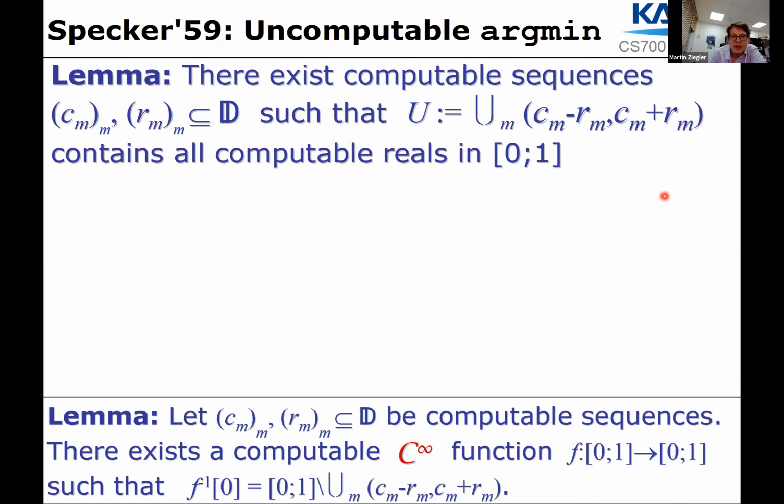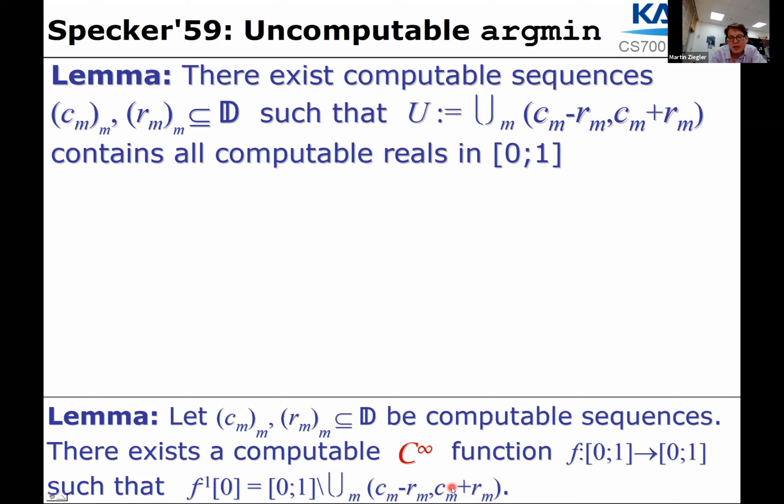And now observe that then by the very construction, this computable function must have roots, it must attain its minimum 0 in some points, but necessarily not in any computable point, because we've constructed these intervals such that they contain and cover all computable points.